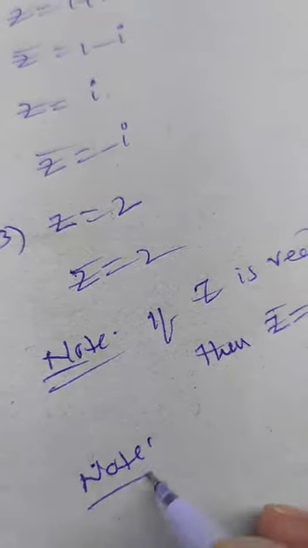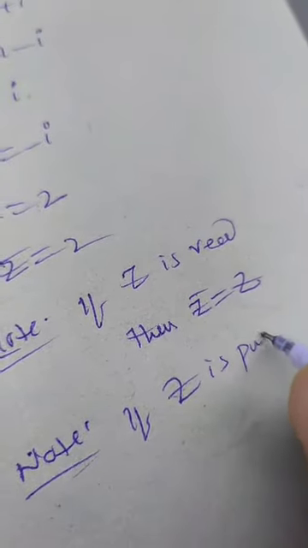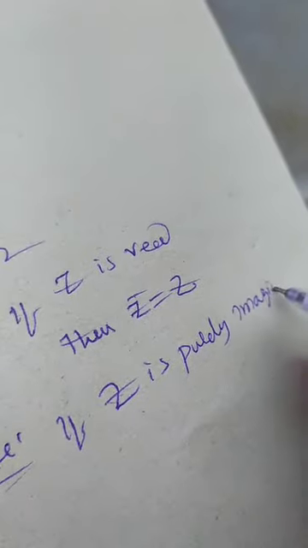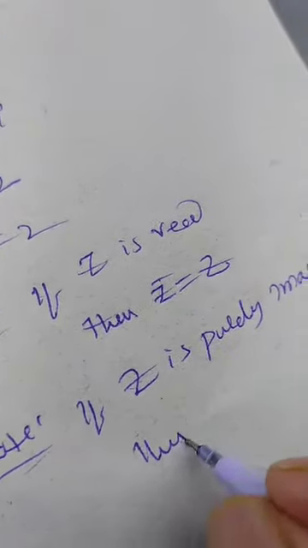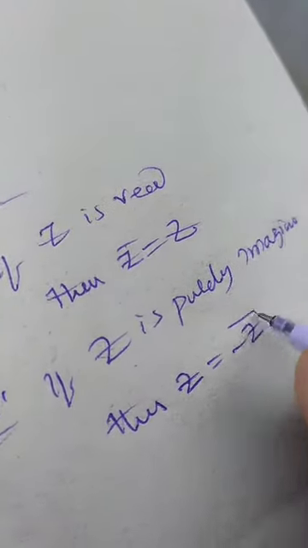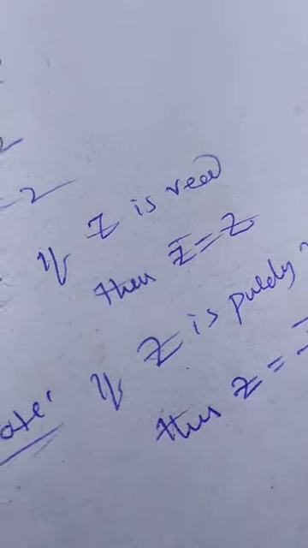So we can write another note: if z is purely imaginary, then z is equal to minus z bar. You will get z bar as minus z.